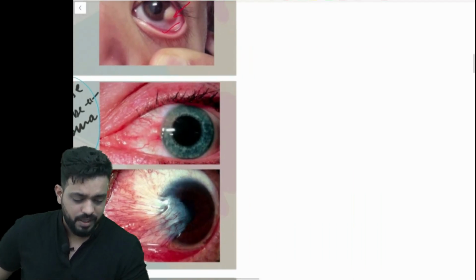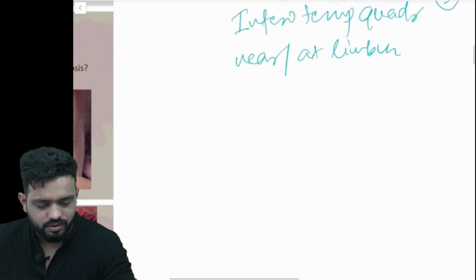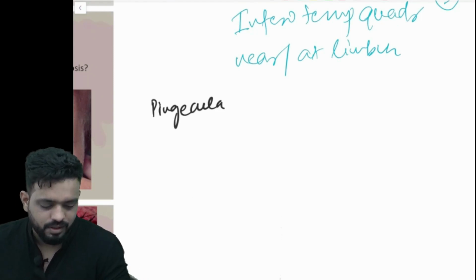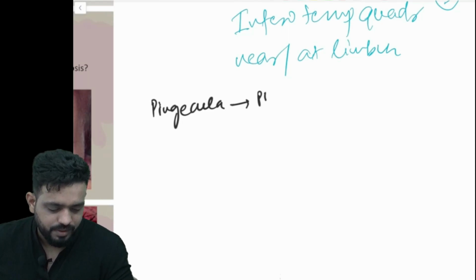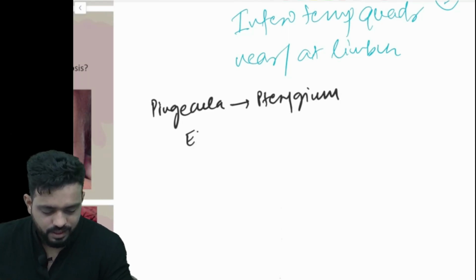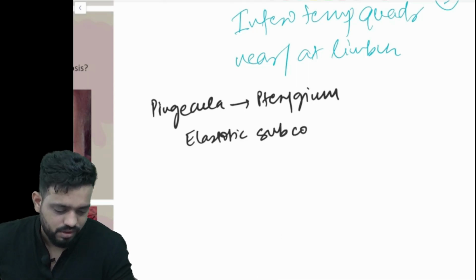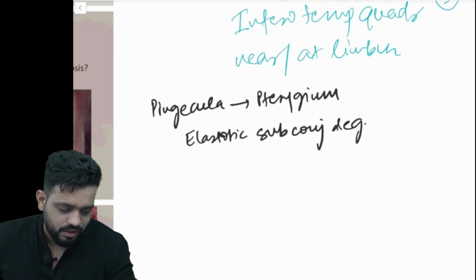Basically, pinguecula is nothing but the child of pterygium. Pinguecula is the precursor of pterygium, and both are nothing but elastotic subconjunctival degeneration.